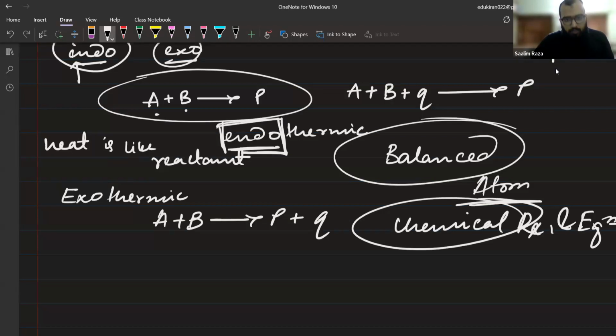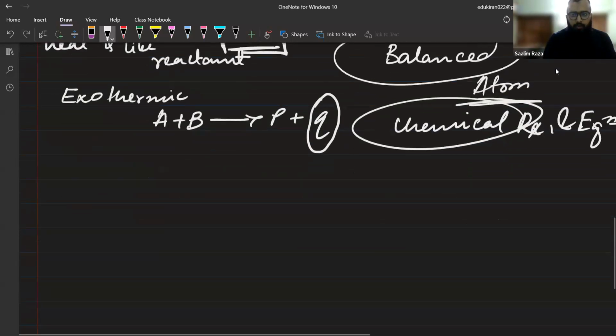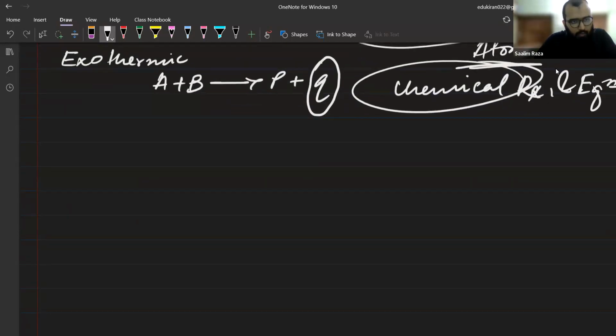Now, as soon as we introduce this particular part of heat, we come on to a new topic, that is thermochemical equations. Please write the topic, thermochemical equations.